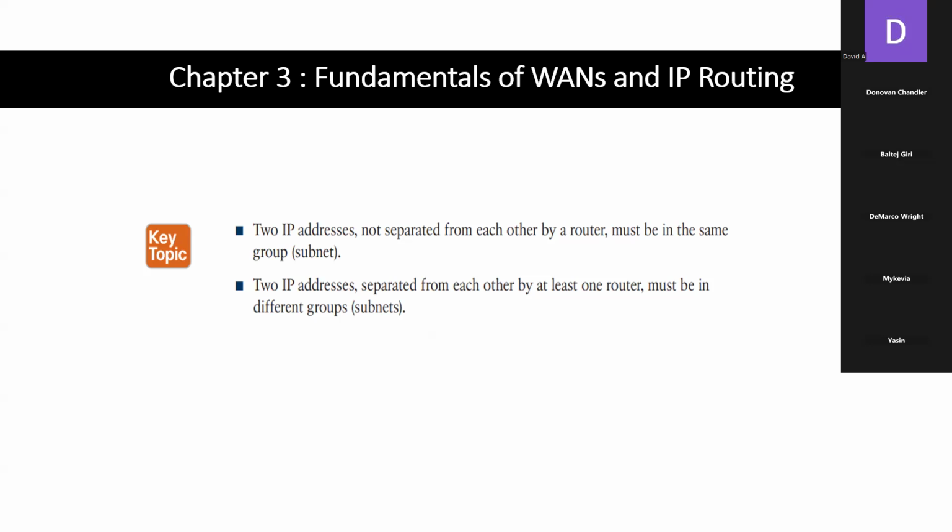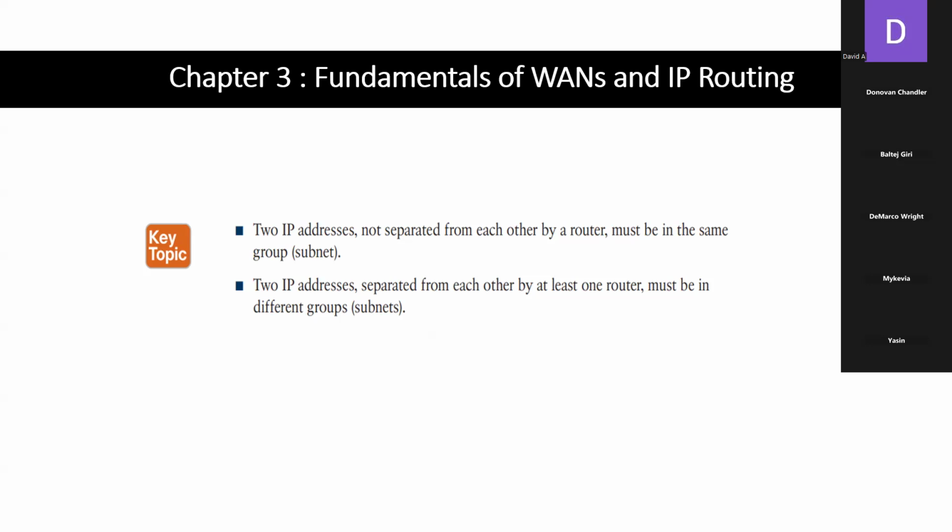Two IP addresses separated from each other by at least one router must be in different subnets. Let me go over this again. Two IP addresses not separated by a router or a layer 3 boundary are in the same subnet.